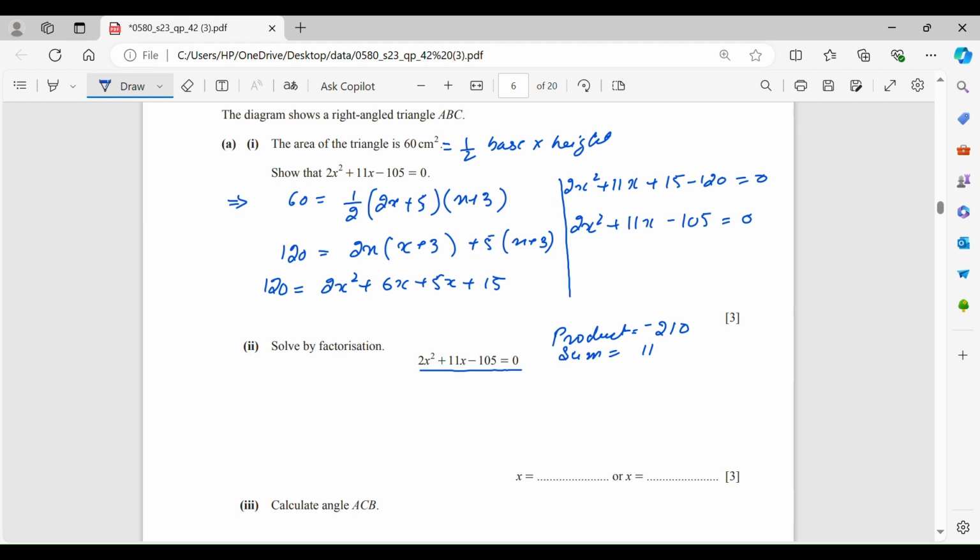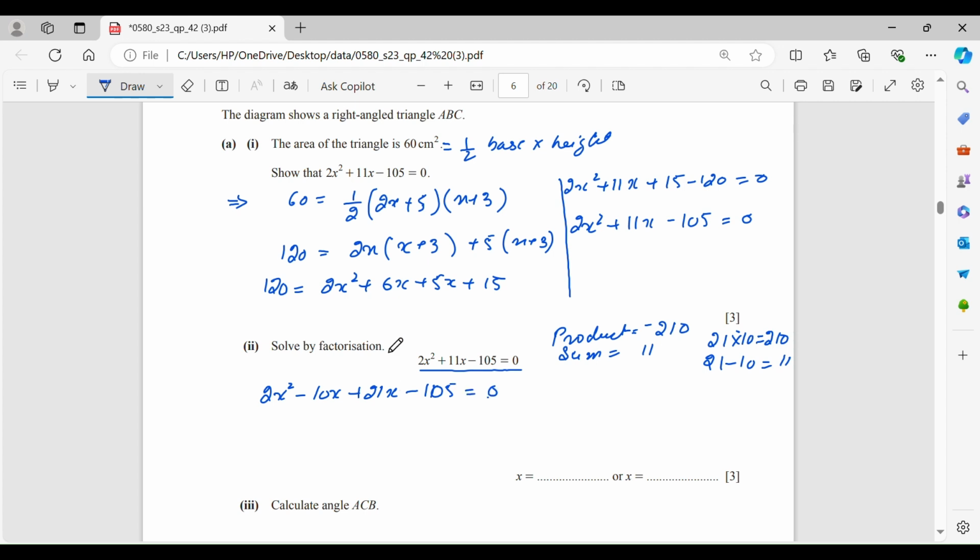We can take 21 into 10, which is equal to 210, and 21 minus 10 is equal to 11. So this is minus 10, right? So this is 2x square minus 10x plus 21x minus 105 is equal to 0.